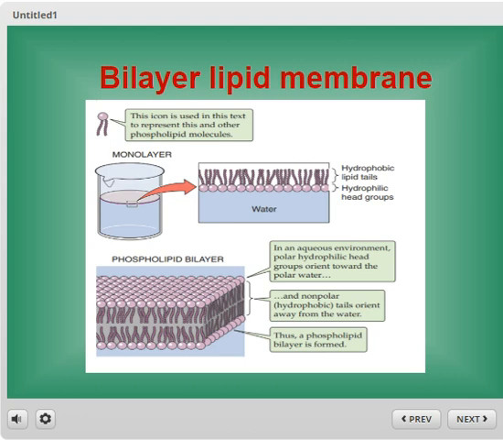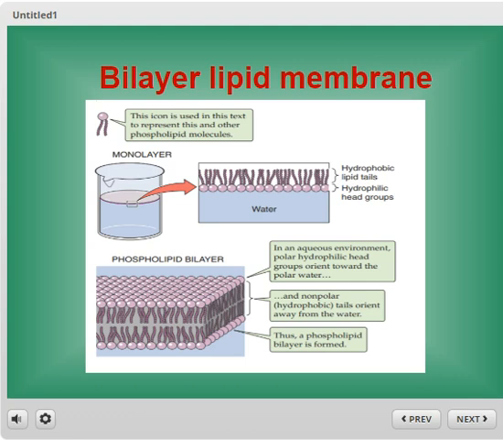Consequently, the hydrophilic phosphate portions constitute the two surfaces of the complete cell membrane, which are in contact with intracellular water on the inside of the membrane and extracellular water on the outside surface.